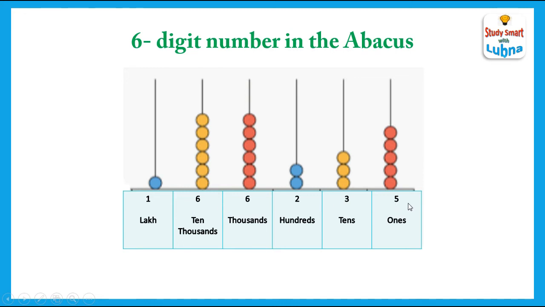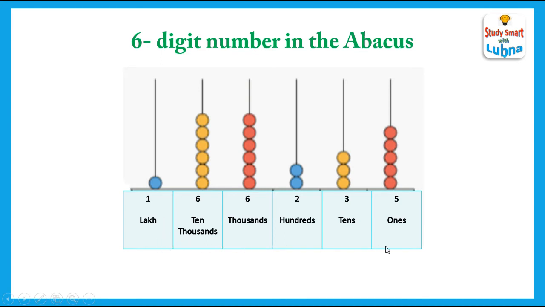So what is the place value of these numbers? The place value of 5 is ones, 3 is tens, 2 is hundreds, 6 is thousands, again 6 is ten thousands, and 1 is lakh.